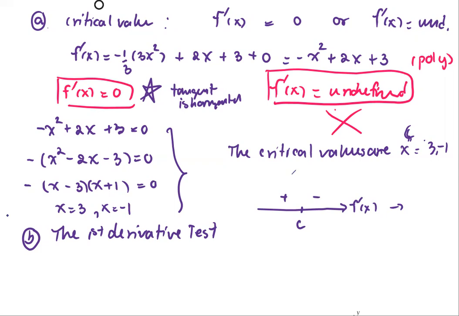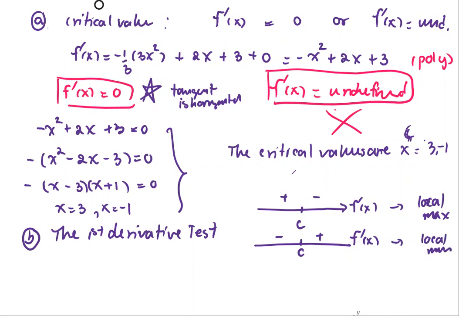So you're going to have the local max. For the case at the point c where the sign of f prime changes from negative to positive, this case is going to give you the local minimum value.